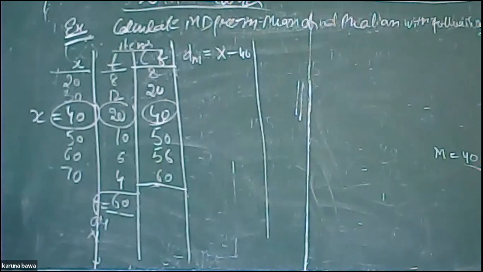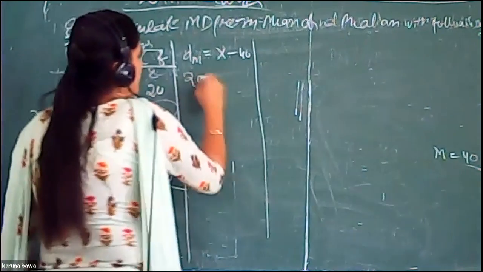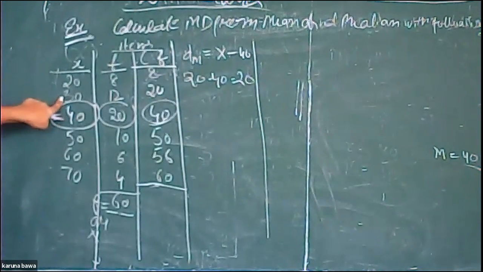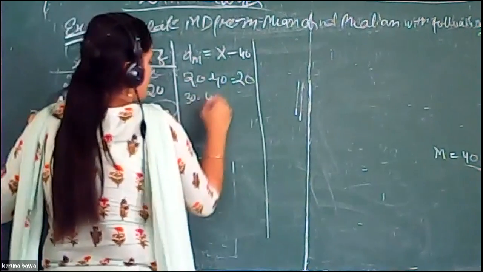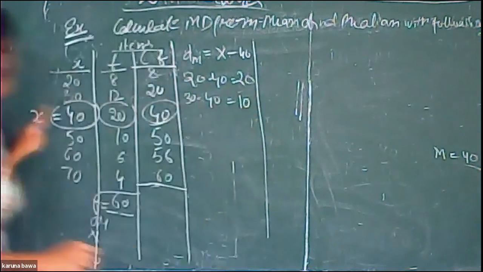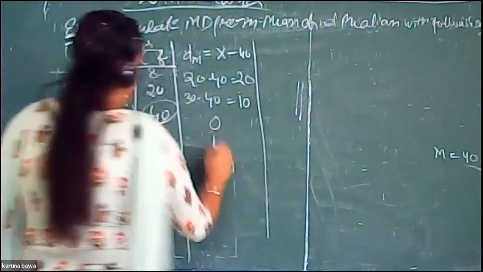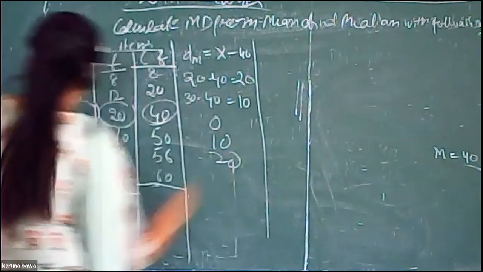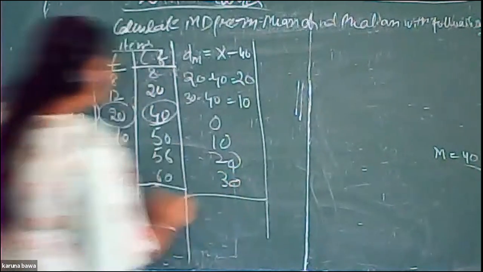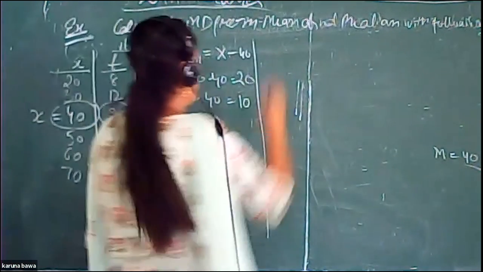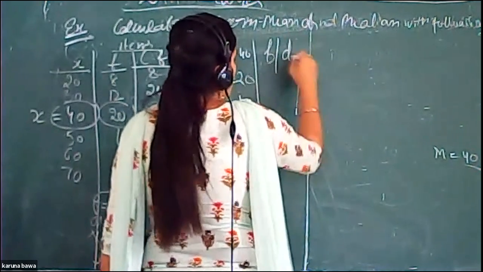X minus 40: 20 minus 40 is 20 in magnitude, 30 minus 40 is 10, 40 minus 40 is 0, 50 minus 40 is 10, 60 minus 40 is 20, and 70 minus 40 is 30. So basically, this is the deviation from median.